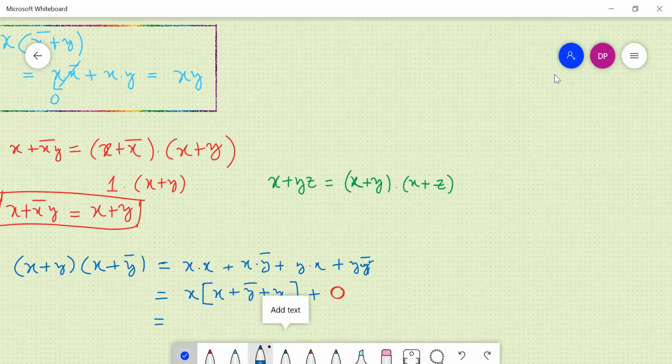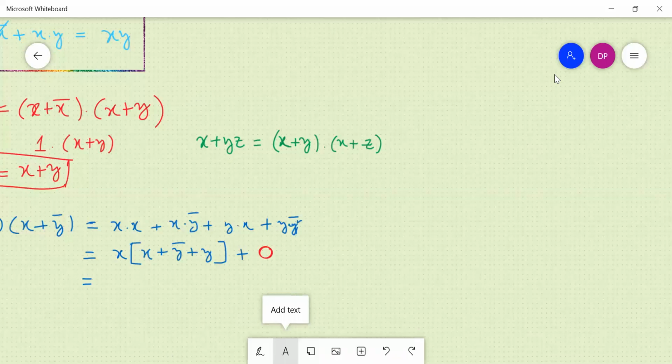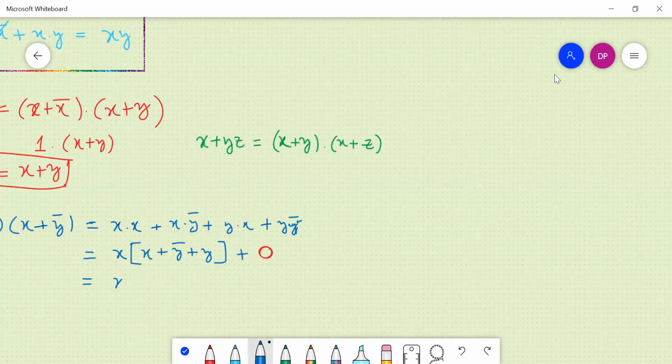So what can we write here? x into 1, which is x.